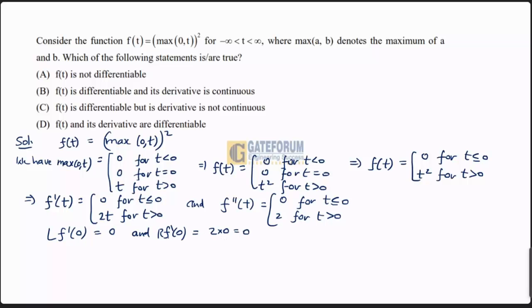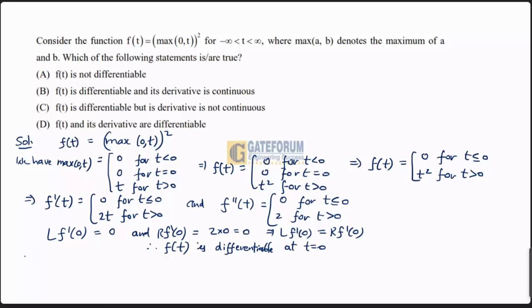So L f dash 0 is equal to R f dash 0. Therefore f of t is differentiable at t equal to 0.